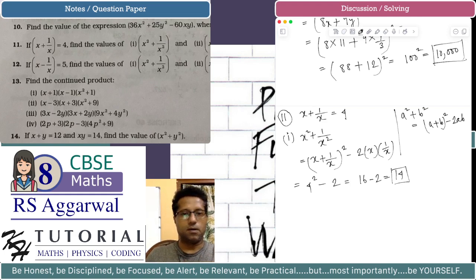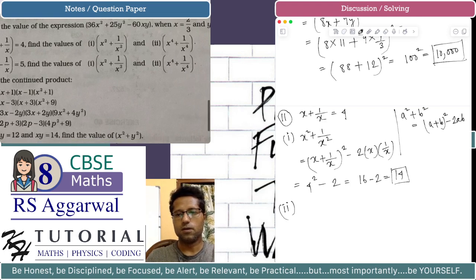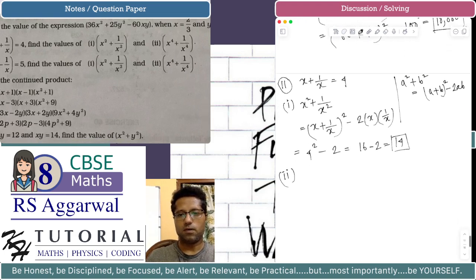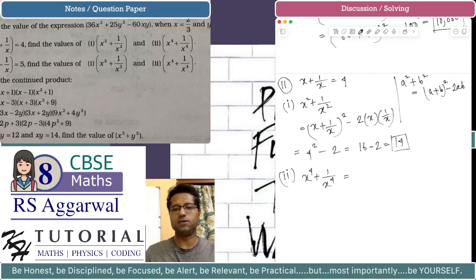Okay, so that was part 1, and part 2 is to find the value of x to the power 4 plus 1 by x to the power 4. Now, if you remember the formula that a square plus b square is equal to a plus b whole square minus twice ab, then it will be easy.